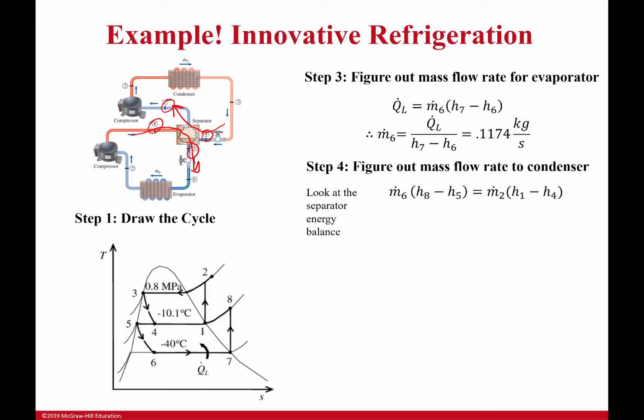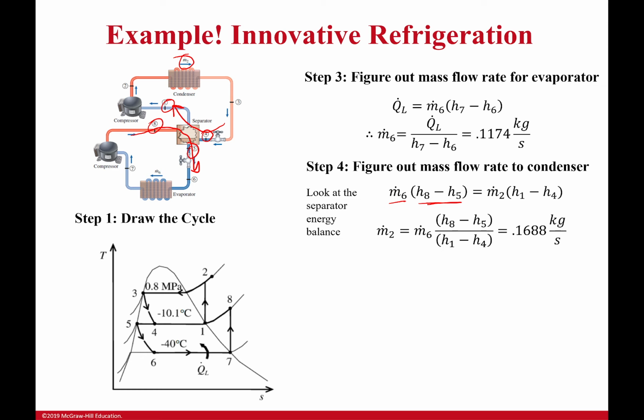So the mass flow rate going through the evaporator times the change in enthalpy through the separator is going to be equal to the mass flow rate going through the condenser times the change in enthalpy going through the separator. So at this point, it acts very much like a heat exchanger, just a very fancy one. Now, I know all these values. I also know the mass flow rate going through the evaporator, and so I can go ahead and solve.